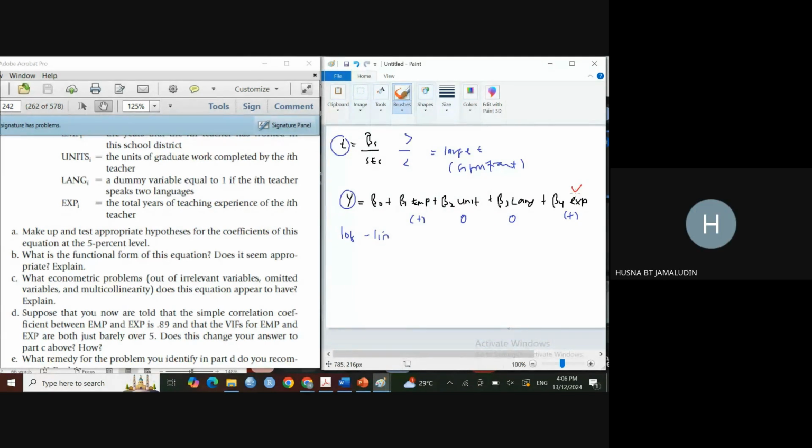Okay, education can also affect their income, of course. If they have a lower education, maybe they will be teaching the lower grades. If they have a higher education level, they will be assigned to teach higher grades. That is possible as well.